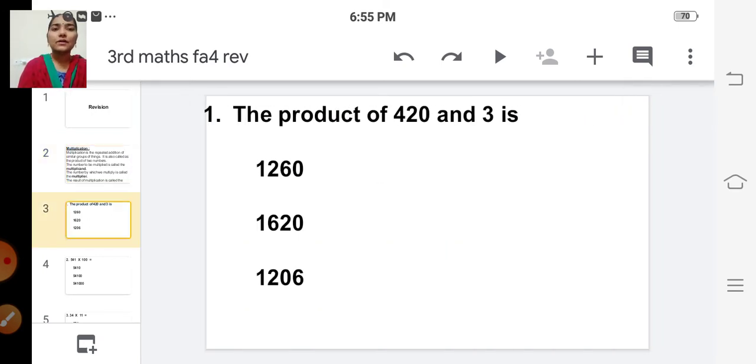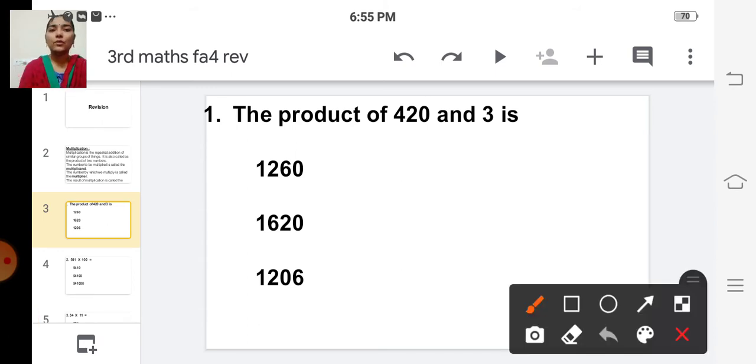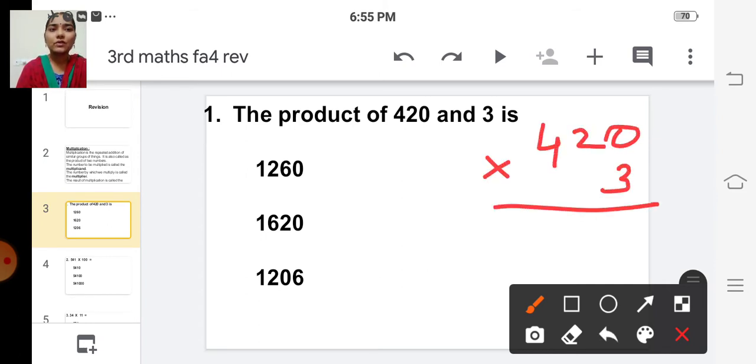So first one, the product of 420 and 3 is. We have to start from the ones place, isn't it? So 3 into 0, 3 zeros are 0.